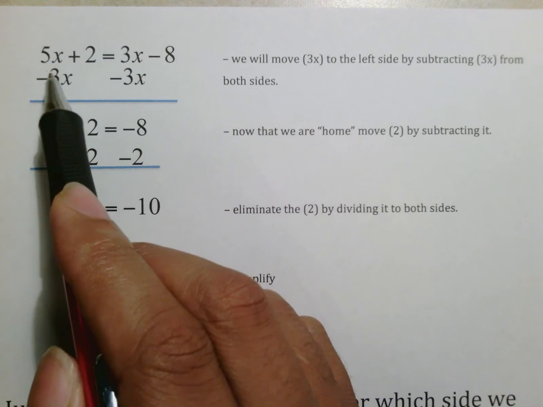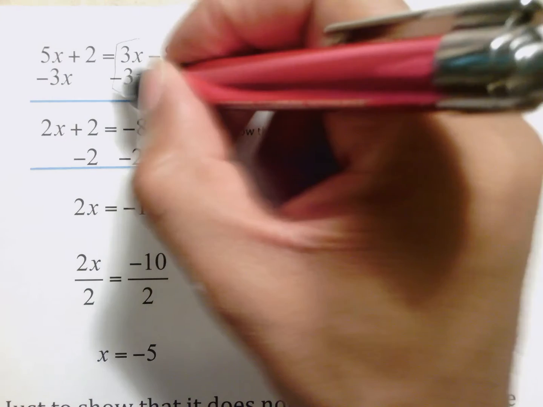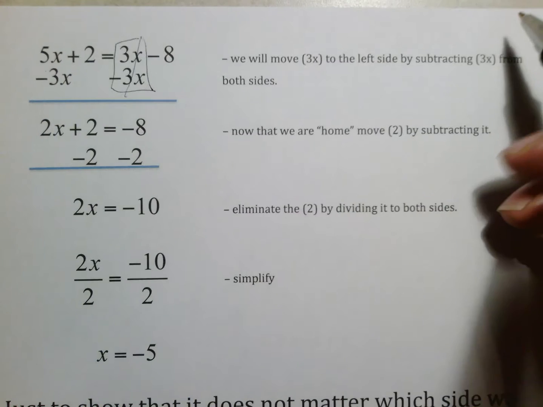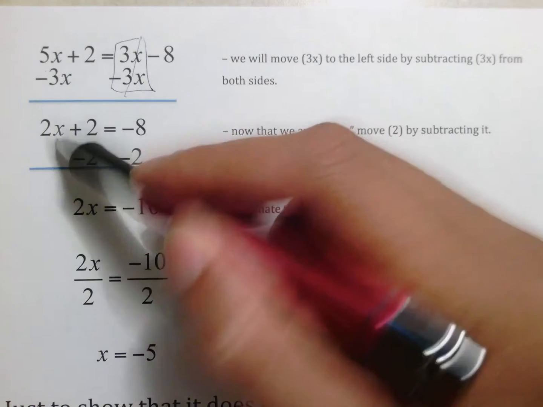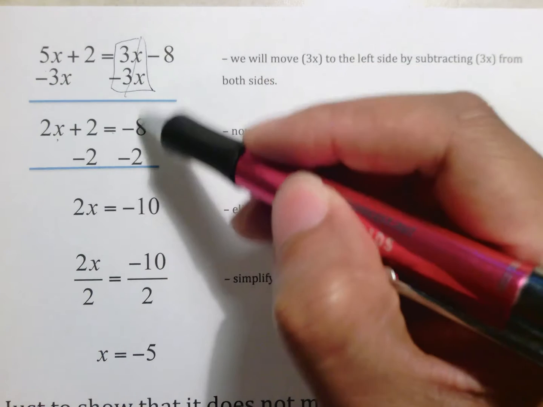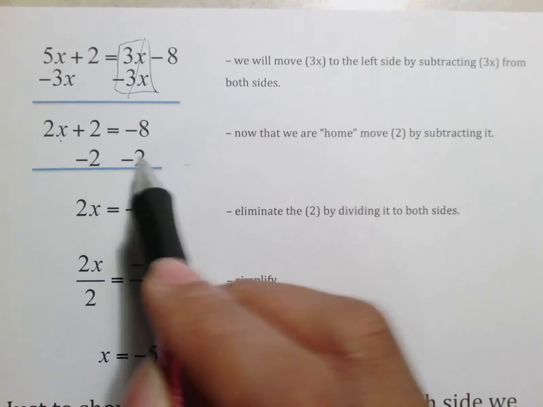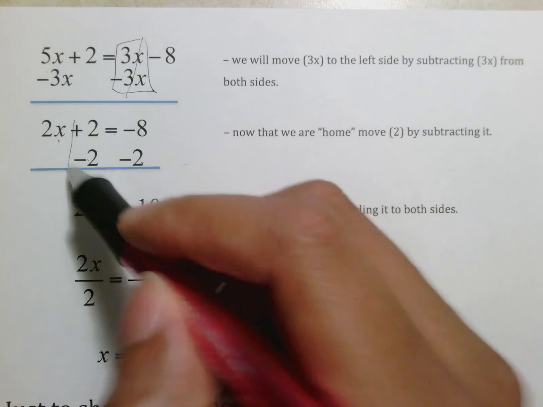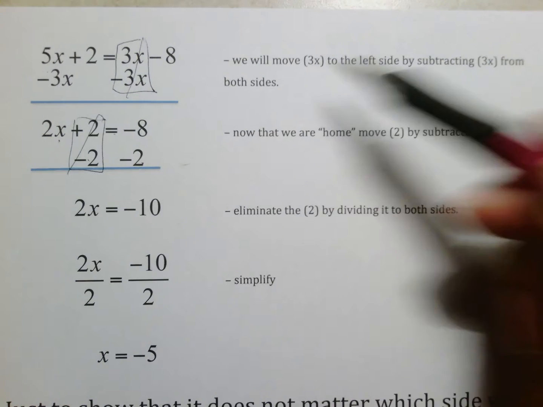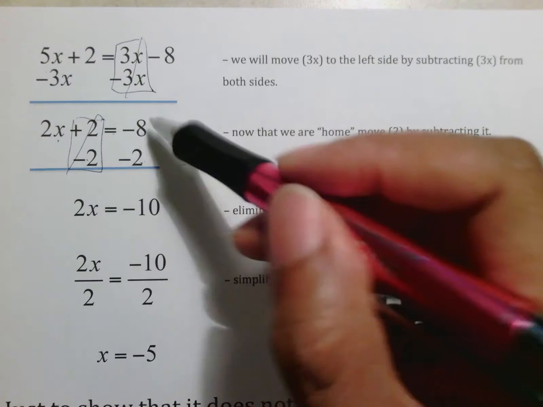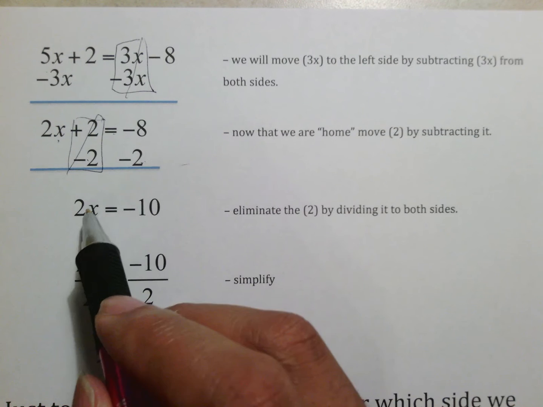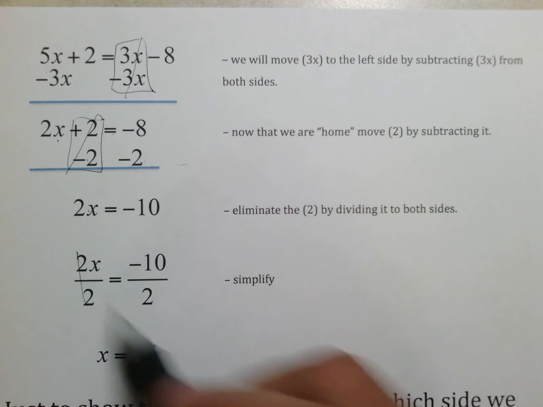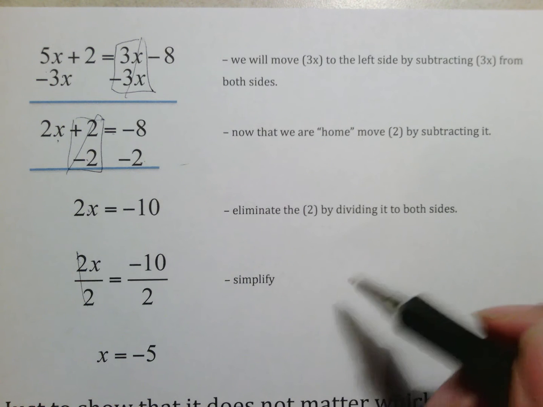So subtracting 3x from both sides cancels those two out. 5x minus 3x gives us 2x plus 2 equals, and don't forget that's a negative 8. Once we get there, that is what we call home, because now we subtract 2 from both sides, which of course makes those two things go away, giving us 2x equals negative 10. The last thing we do is eliminate that by dividing by 2, getting x equals negative 5.